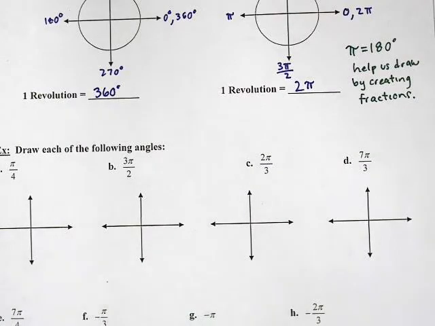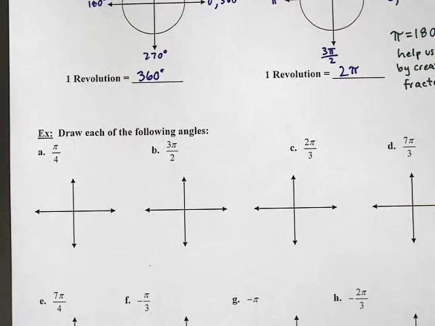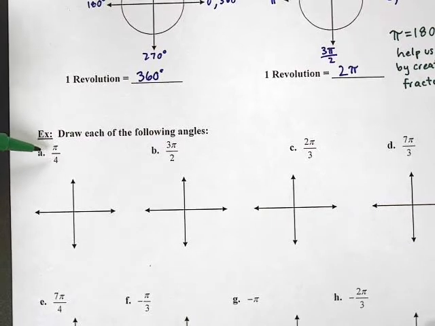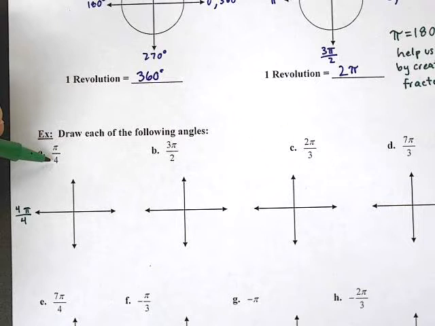Okay? Well, what do I mean by that? What I mean is, I know that I'm trying to draw pi over 4. All right, pi over 4. What I want to do then is, instead of just calling this pi over here, I want to call this 4 pi over 4, because I know I need to break it into 4 pieces. I need to divide it by 4.